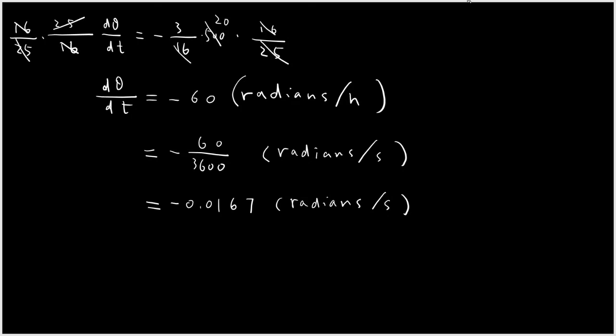We mentioned before, the only formula you need to remember is pi radians is equal to 180 degrees. So 1 radian is equal to 180 degrees over pi.